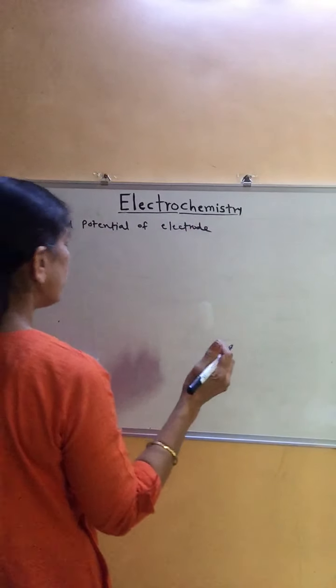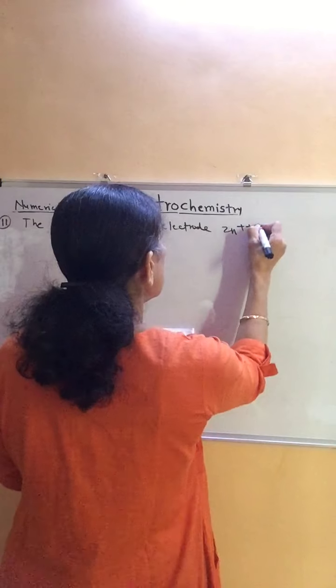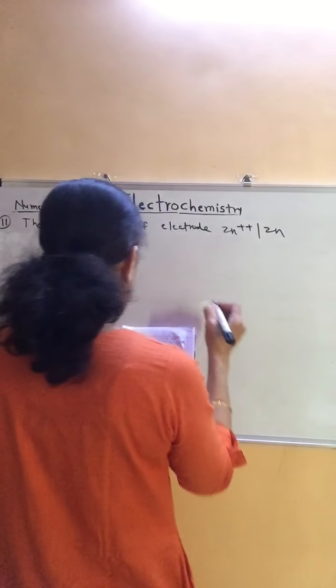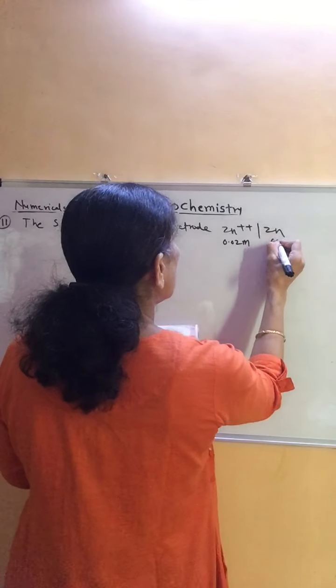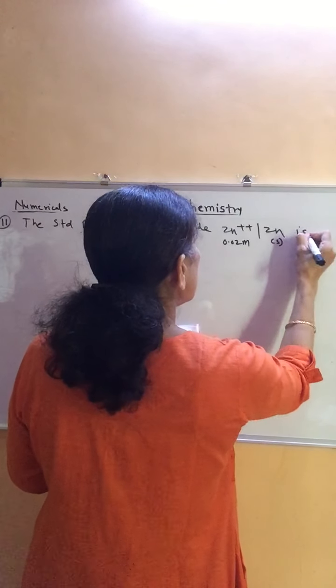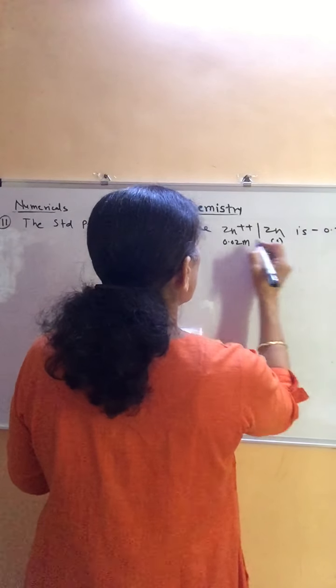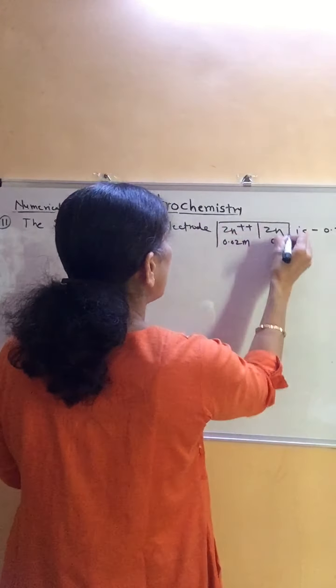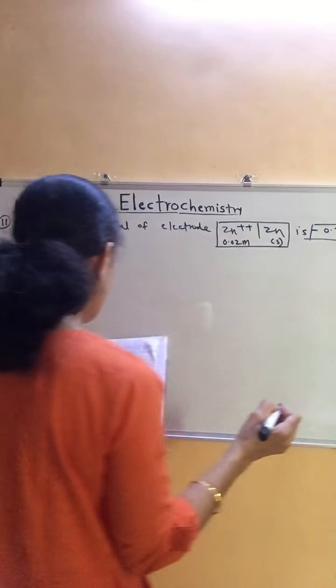Which electrode? Zn2+ | Zn, where Zn2+ is 0.02 molar. For this particular half cell Zn2+ | Zn, the potential given is minus 0.76 volts.